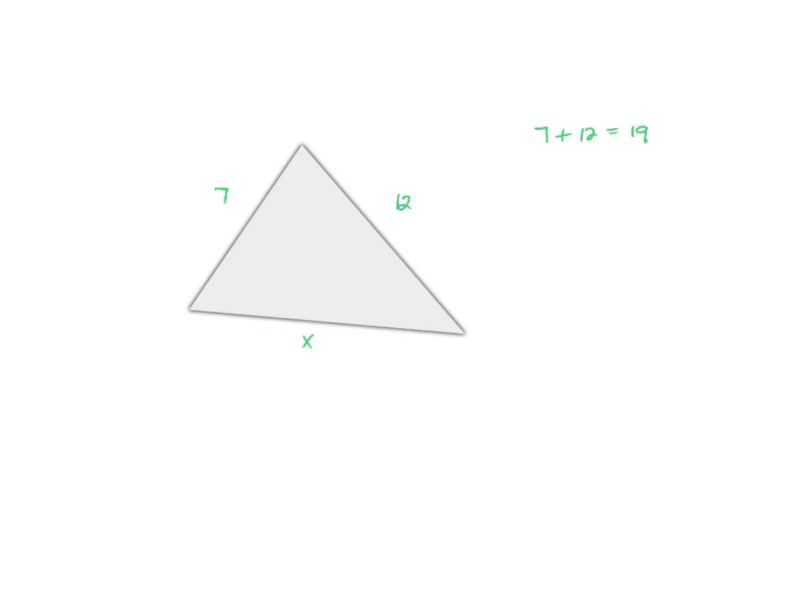I know that this third side needs to be less than 19, because if it weren't, it would not be a triangle. And then I also need to figure out, well, what plus 7 equals 12? Well, I know 5 plus 7 equals 12. So this third side here can't be 5, because if I added it to the 7, it would not be greater than the third side. So it has to be greater than 5.